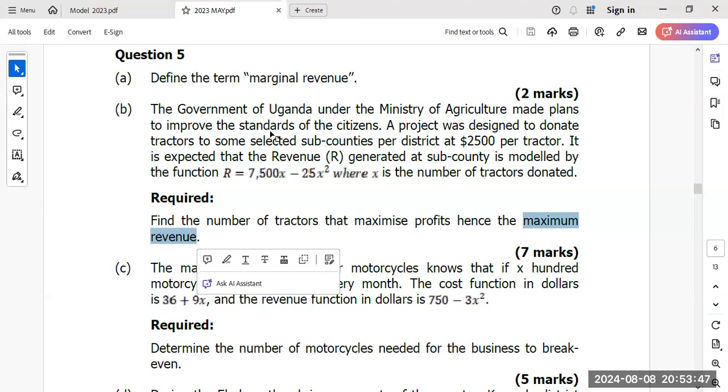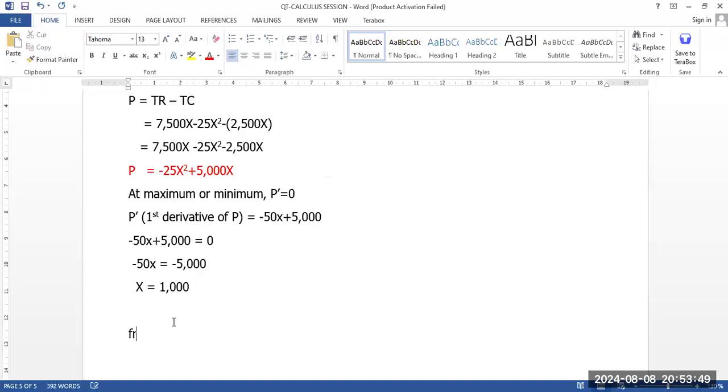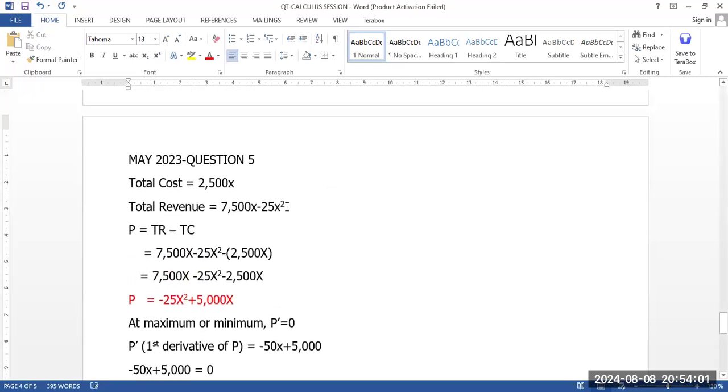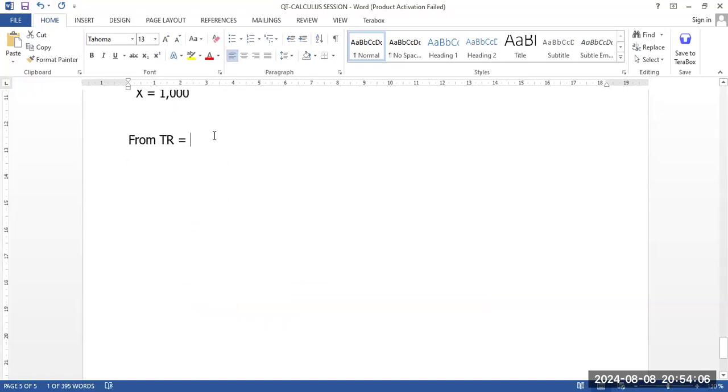You substitute in the total revenue function. Our total revenue function is what? It is this one. In an exam, you can easily forget this and substitute in the profit function.